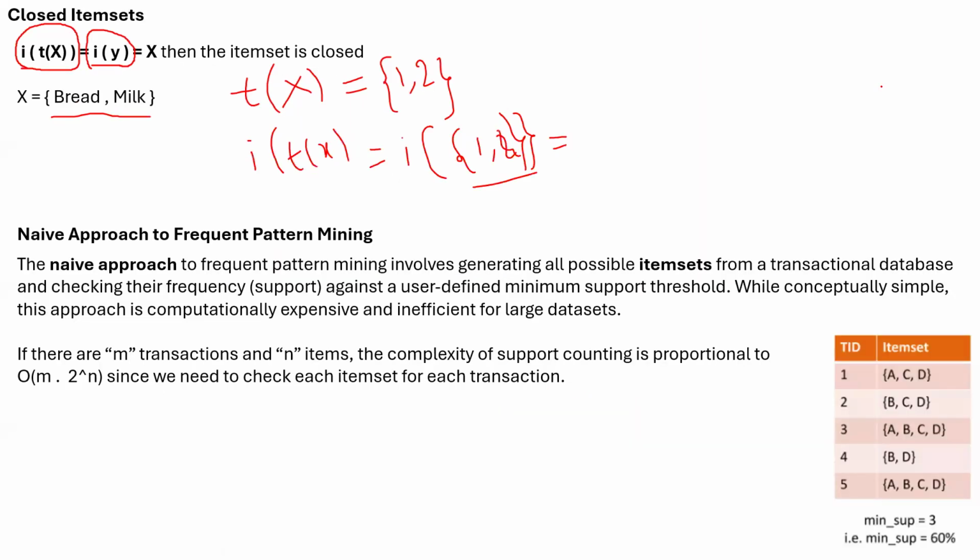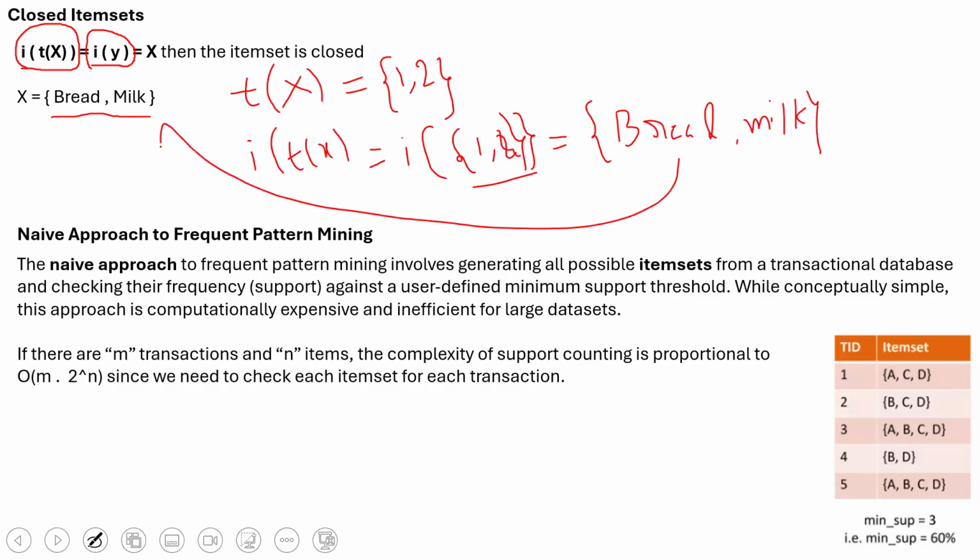So the output is bread and milk if I apply I on top of it. Now this becomes equal to X. So if I of T of X is equal to X, then that becomes a closed item set. Such item sets are called closed item sets. It has to satisfy this particular condition. The round trip has to be satisfied.